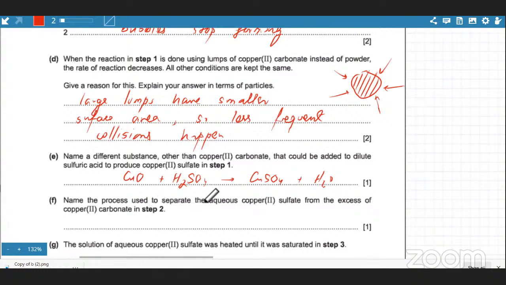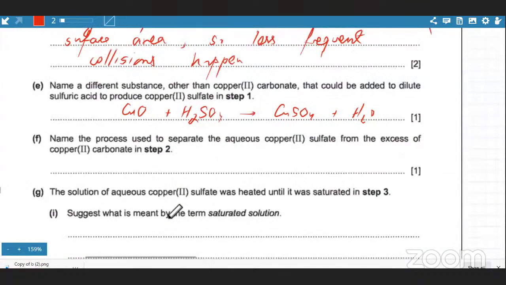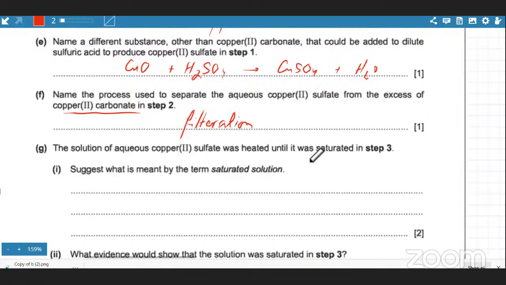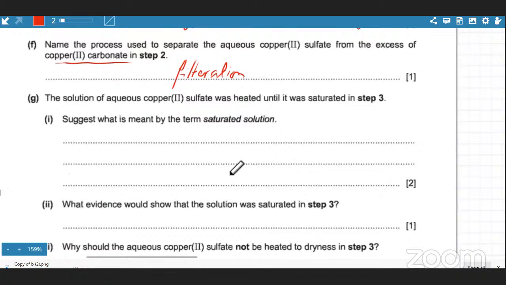Name the process used to separate the aqueous solution from the excess copper carbonate. Copper carbonate is insoluble, so you can use filtration to get rid of it. The solution of aqueous copper sulfate was heated until it was saturated. Suggest what is meant by the term saturated solution.